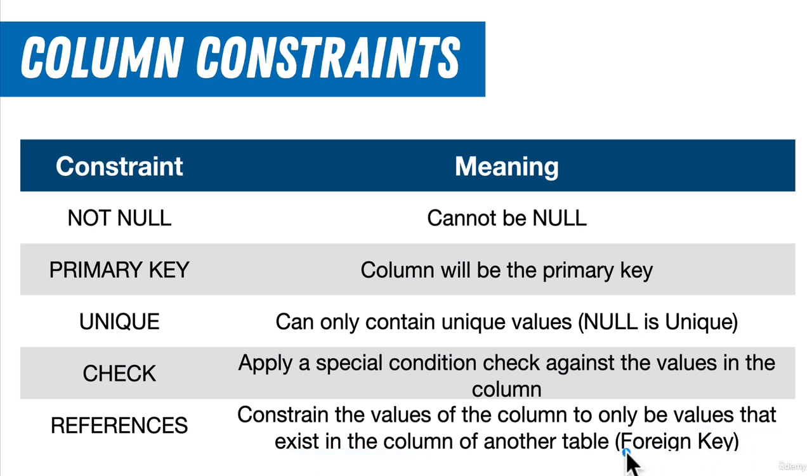Well, that sounds oddly like a foreign key. So when you apply the constraint references, you're pointing to a different table and a specific column in that table. So you're referencing somewhere else and you're saying, hey, anything you fill in here has to correspond with a value in that column in that other table. So a foreign key constraint.